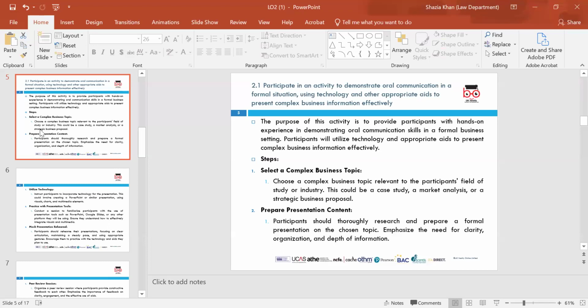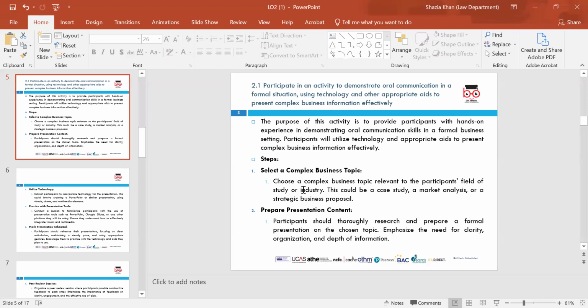Yes? Yeah. It says participate in an activity to demonstrate oral communication in a formal situation using technology and other appropriate aids to present complex business information effectively. So the purpose of this activity is to provide participants with hands-on experience in demonstrating oral communication skills in a formal business setting.